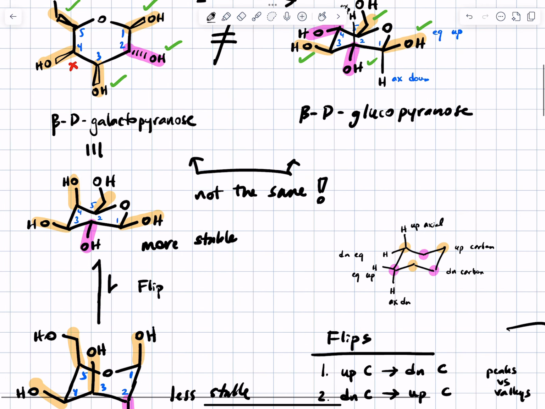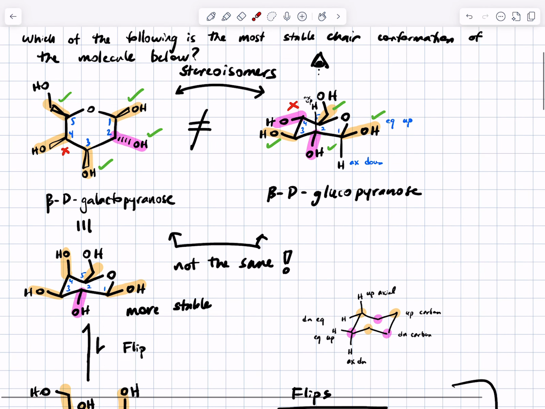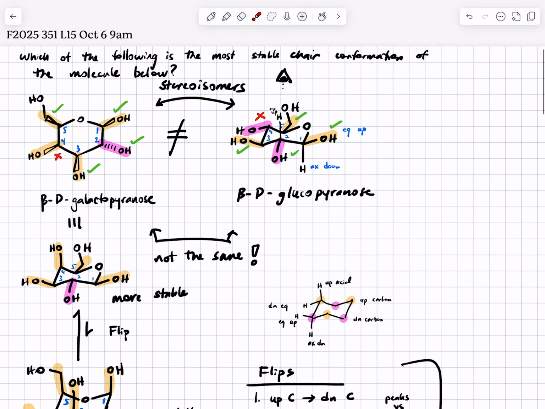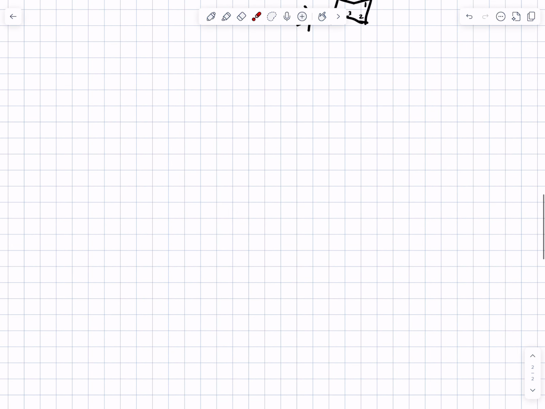No, the chair conformations are not stereoisomers. They are conformations of the same molecule because you can interchange them just by rotating around carbon-carbon bonds. But I can't interconvert glucose and galactose without physically breaking a bond and sticking it back on the other side. So those are called stereoisomers, and that's an important term, and we need to go through that.